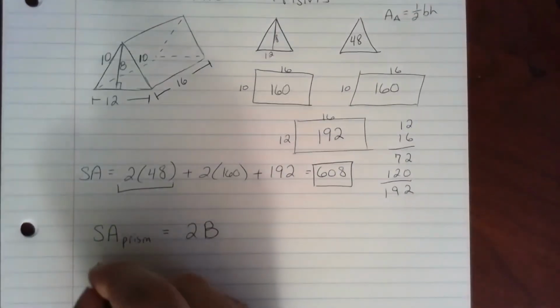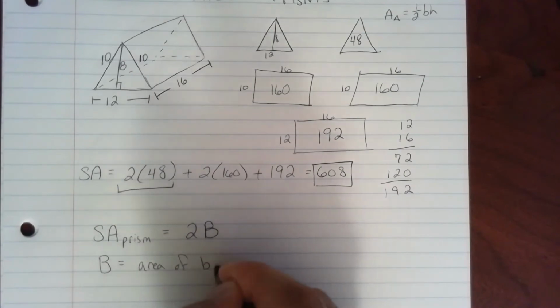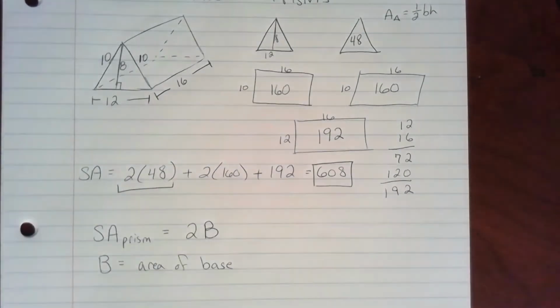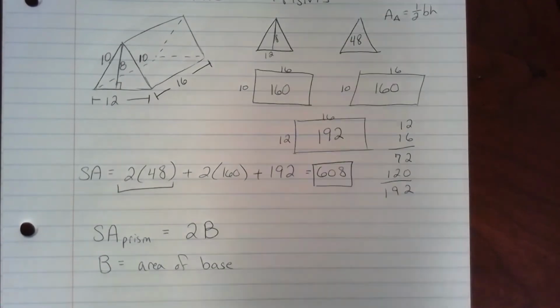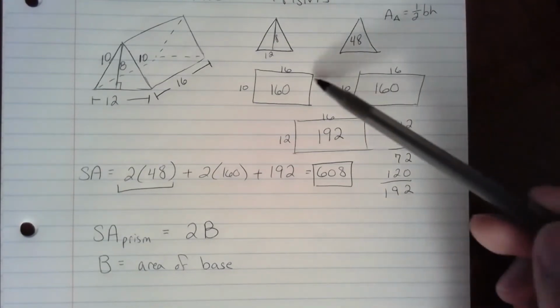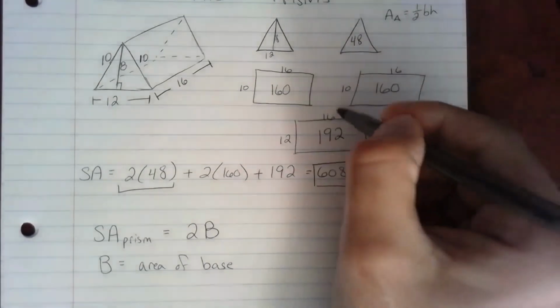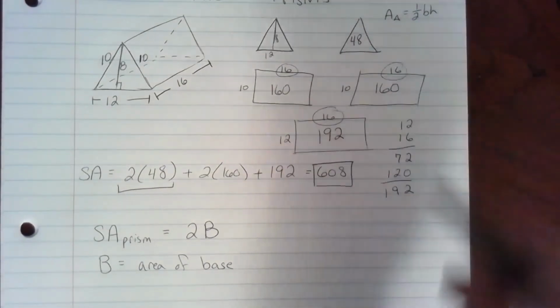So if we define big B, as we did with volume a while back, as the area of your base, you could say the surface area of the prism is going to have two copies of the area of your base. Well, let's take a look for just a moment. Notice that all the rectangles share the 16.